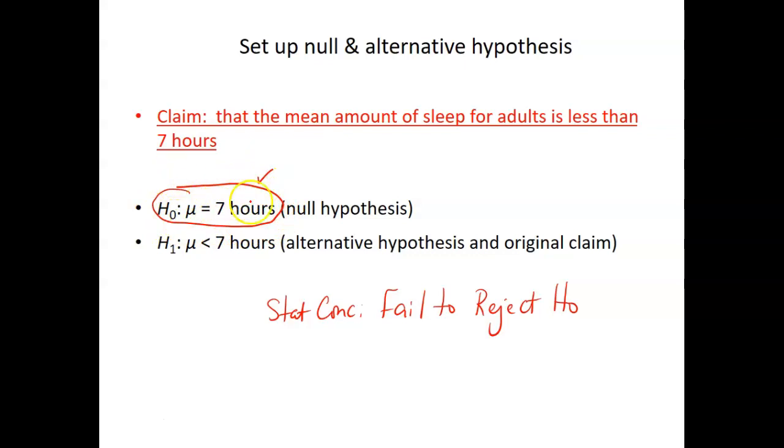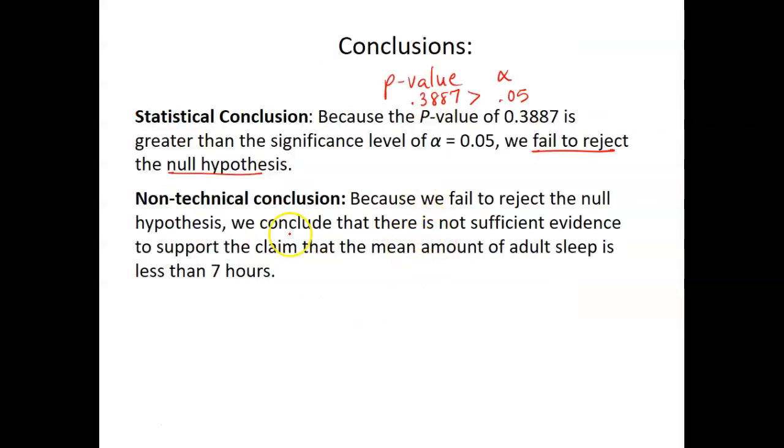We're not able to throw that out in support of the alternative hypothesis. So what we're going to say is there is not sufficient evidence to support the claim that the mean amount of sleep for adults is less than 7 hours.